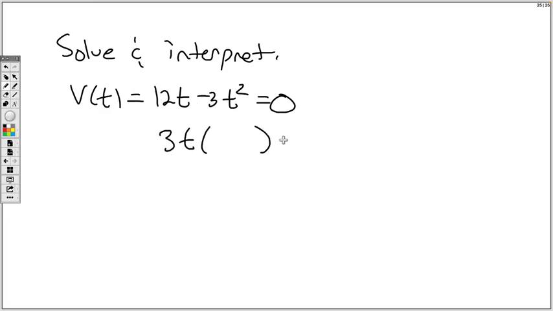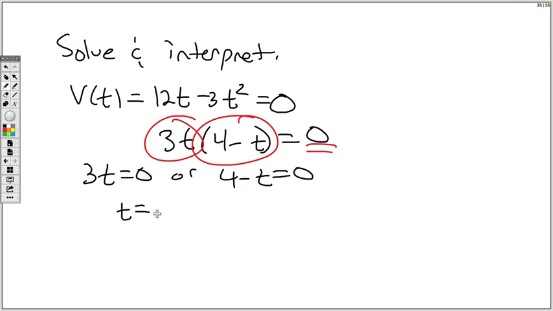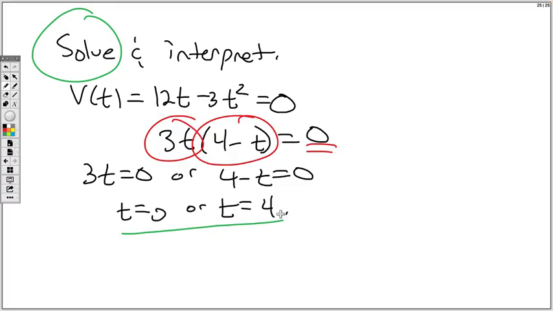A 3t, and what am I left with then? 4 minus t. So we've got two real numbers multiplied together to give me 0. That means one or the other, or both, are 0. So t is 0 or t is 4. That's the solve part. We found when v of t is 0.